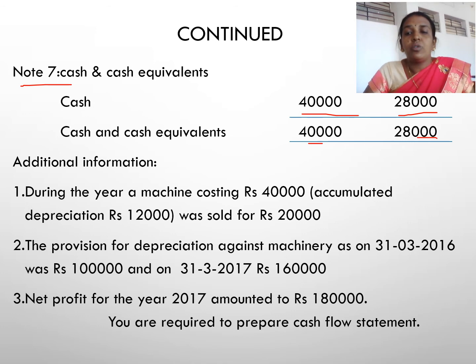So you have to calculate with these two figures how much depreciation is charged during the year 2017. Then third one is the net profit for year 2017 amounted to rupees 1,80,000. You are required to prepare cash flow statement. This is the problem, and see how to solve the problem.